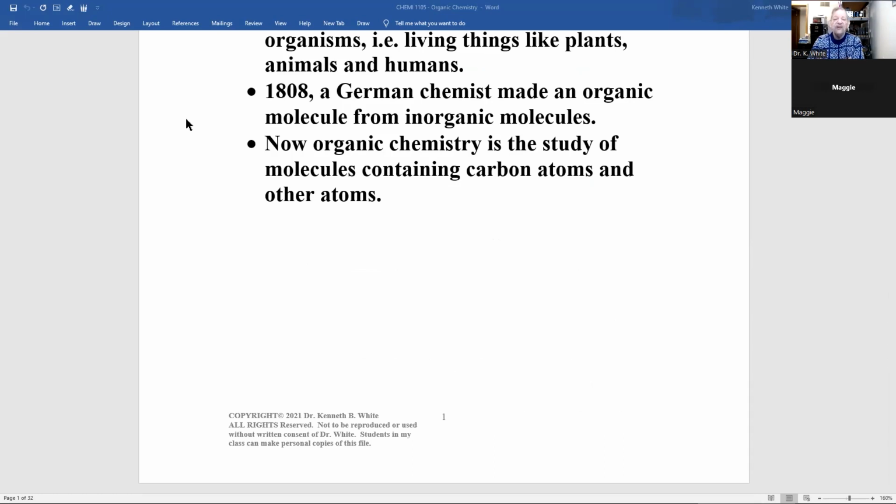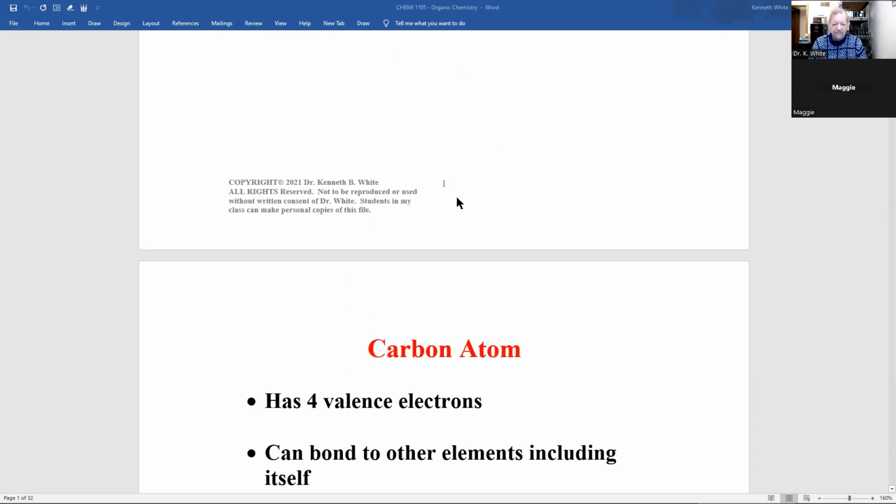Inorganic means molecules from things that were never alive, like sodium chloride. Today, organic chemistry is really defined as the study of molecules containing carbon and other atoms, mainly hydrogen.